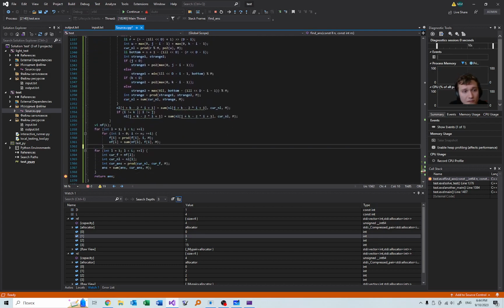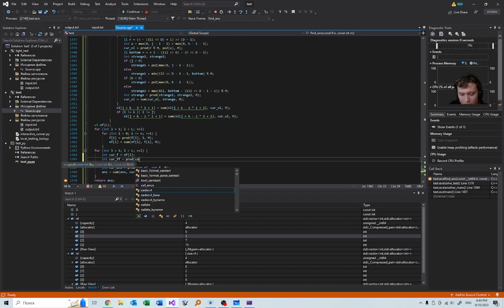So here, int ardent equals okay. So here, I think car ff equals prod of current f and something else modulo m.